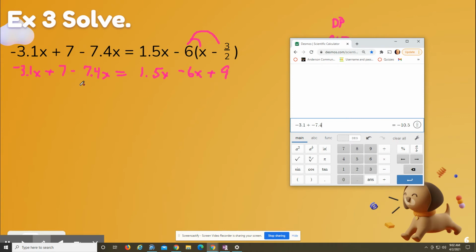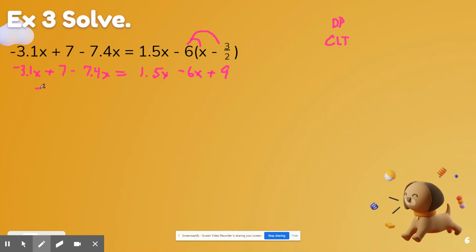So that gives us negative 10.5. The x comes with it. This plus 7 drops down, so this becomes plus 7. Equal sign drops down.